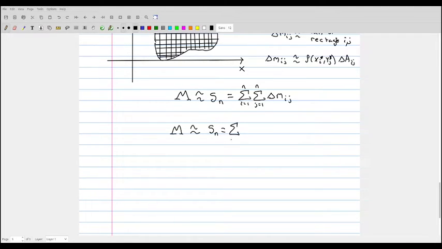We'll call this Sn prime, which is different than this Sn. It is the sum from i equals 1 to n, from j equals 1 to n of delta Mij, which is approximately the density function sampled in each rectangle multiplied by delta Aij.